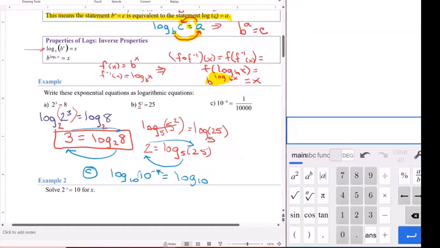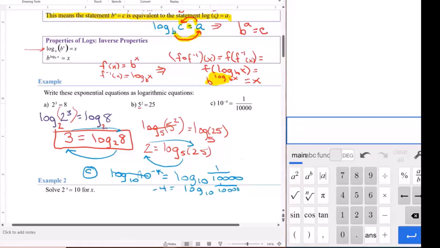So that of 1 over 10,000. These will cancel, and I will get -4 equals log base 10 of 1 over 10,000.